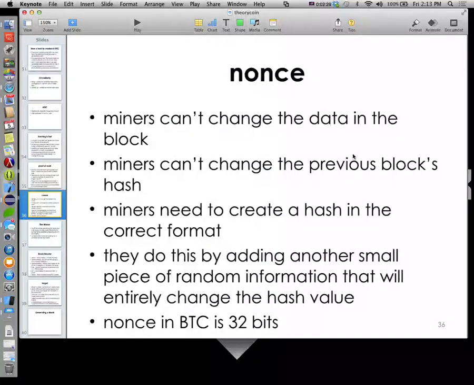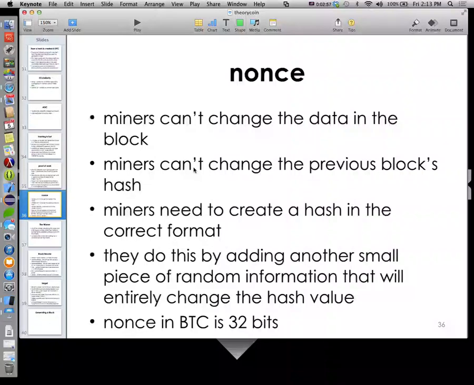On top of that, when we make a hash, when we make our guess, we incorporate into it a nonce, which is just a random value that's generated on a per guess basis. So miners are not allowed to change the data that's actually in the block. Part of what is being put together to create that hash is the block data itself. Well, we can't change that. As miners, we can't modify that. We also can't change the previous block's hash.